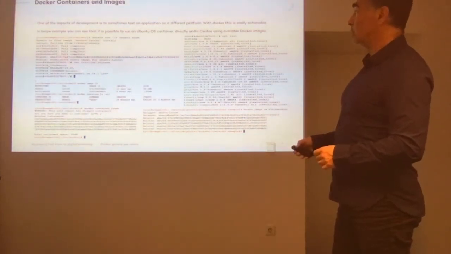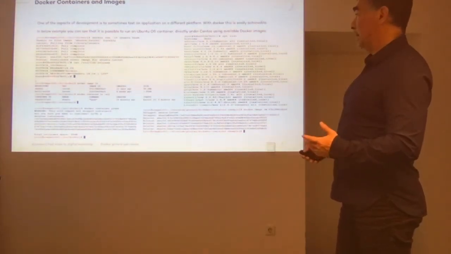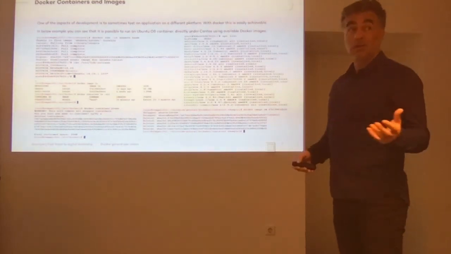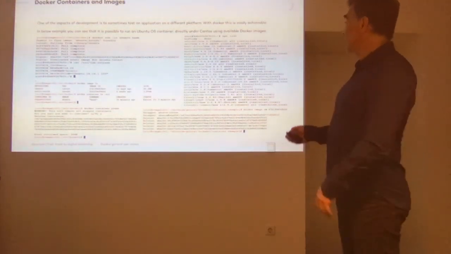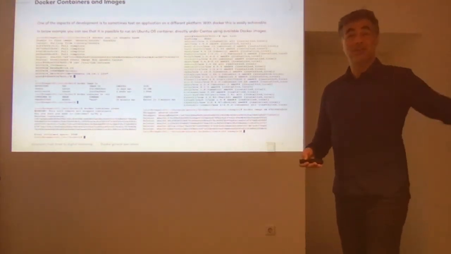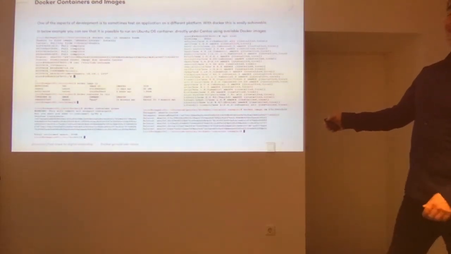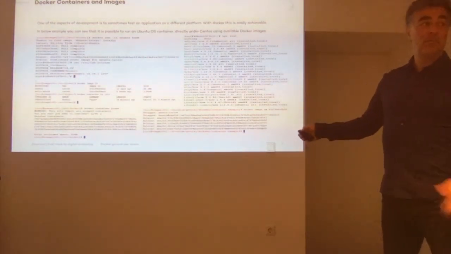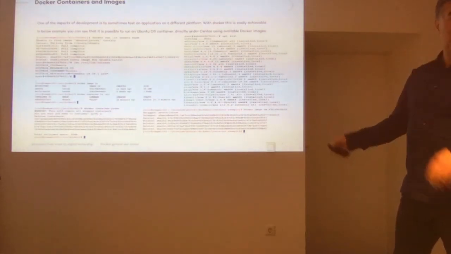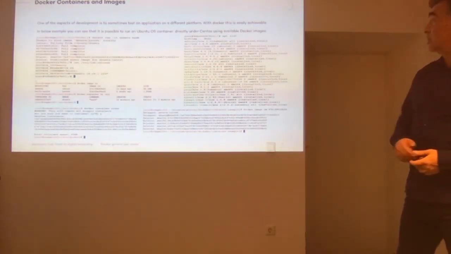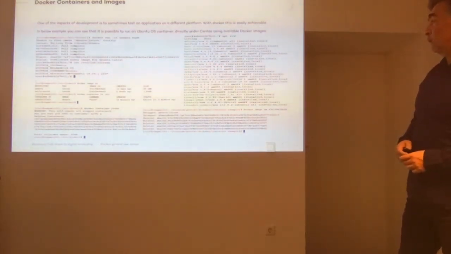It does the pull from the Docker Hub, and suddenly you're somewhere else. You're in a parallel universe. To prove that you're not in CentOS, you run apt list. The yum is not even working anymore. You're in an Ubuntu environment with the apt package manager, and you can see all the packages are there.